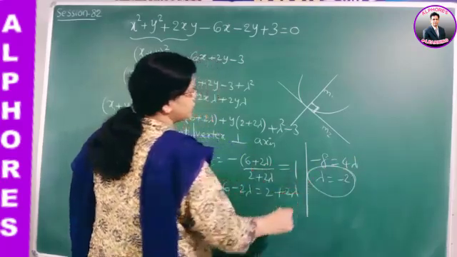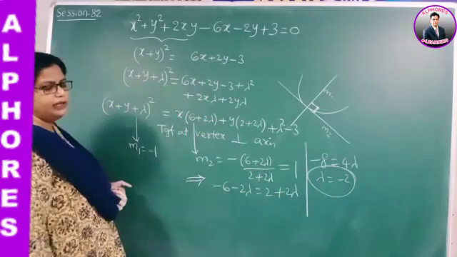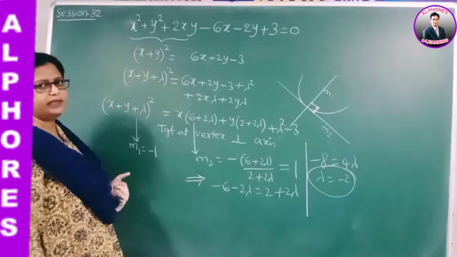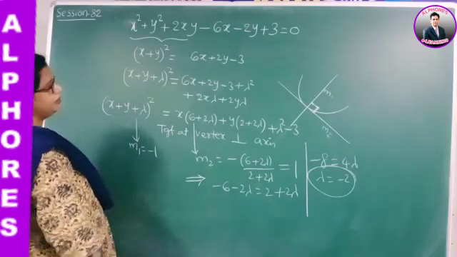It is minus 2. Now once I substitute lambda equals minus 2 here, exactly you can get one side the axis and the other side the tangent at vertex. So what is the final equation?